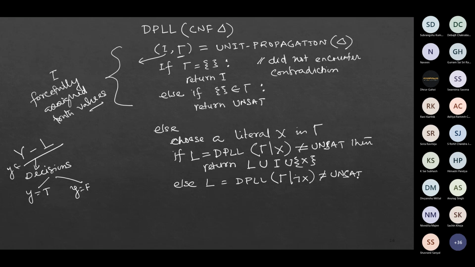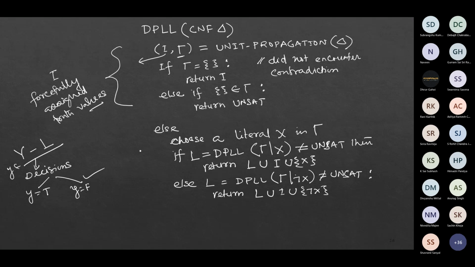So this is the second branch. So this branch we are taking, right? So then what we will return? We'll return L, I, and negated X, right? And this is the end of the algorithm.